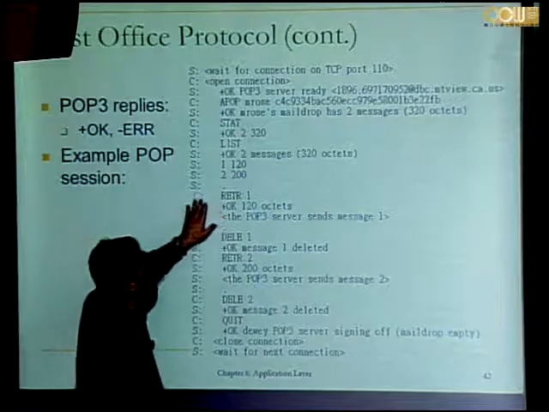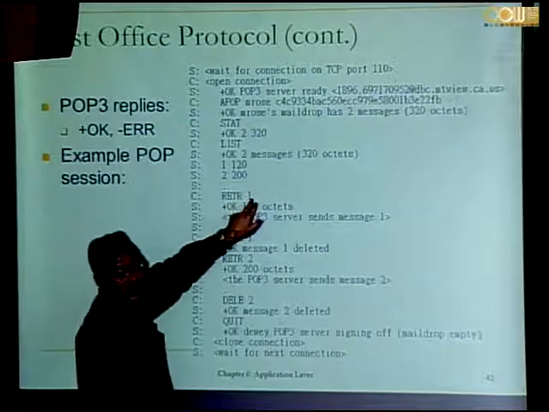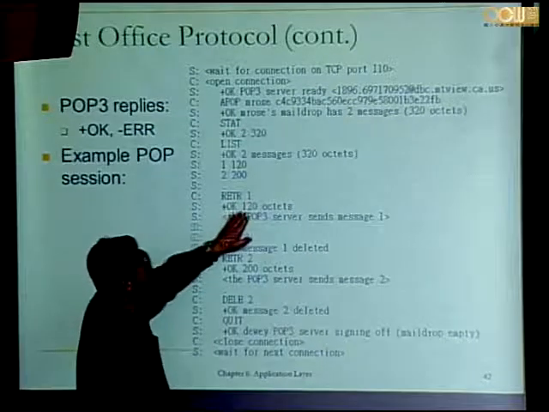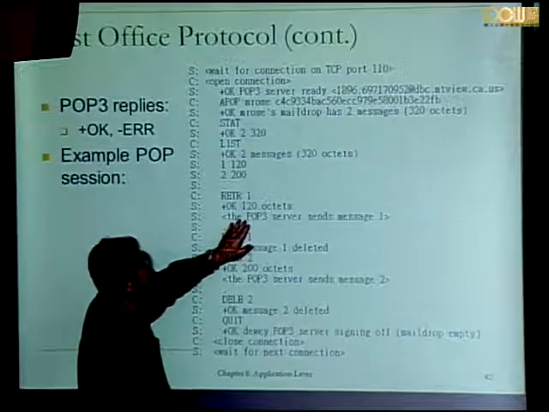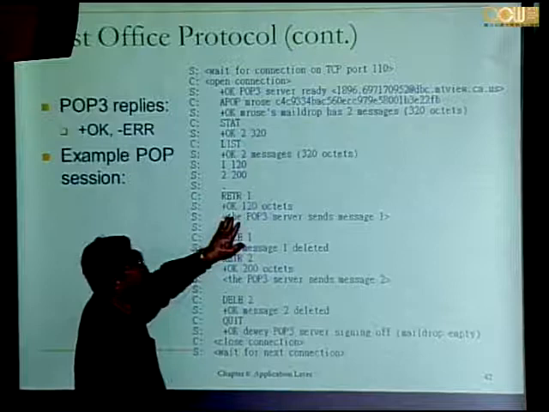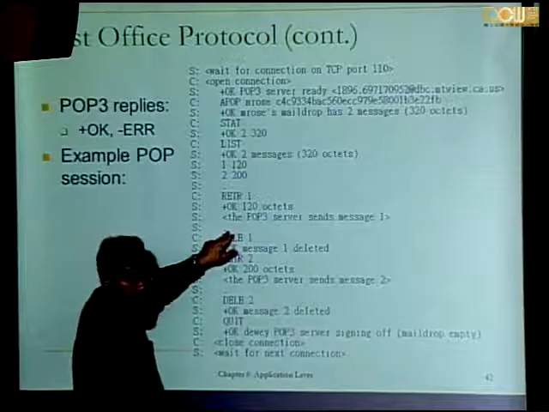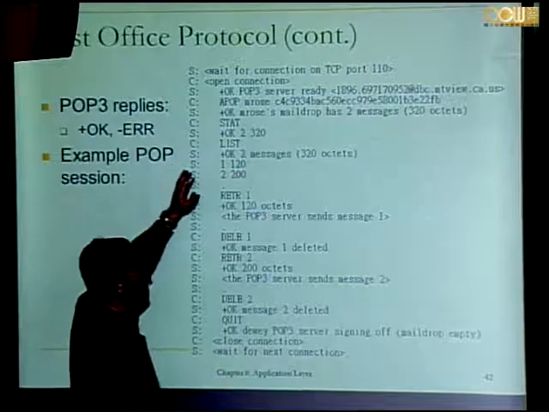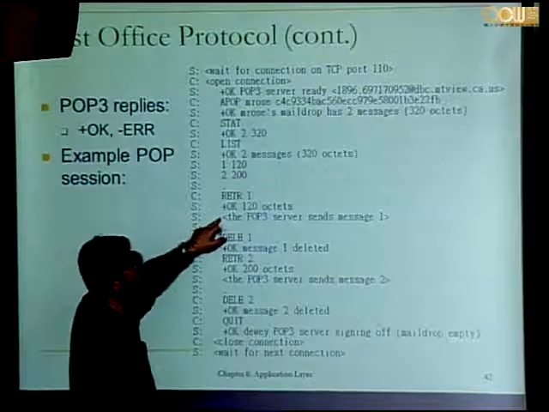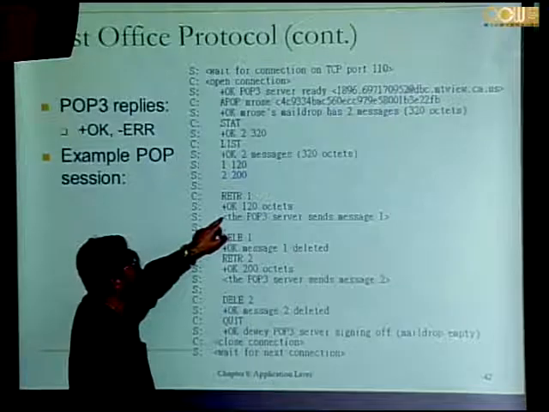So the client retrieves the first mail, and the server responds with OK, followed by the actual mail, and then followed by a dot. All the others are control messages, but this is the data message, the actual mail.